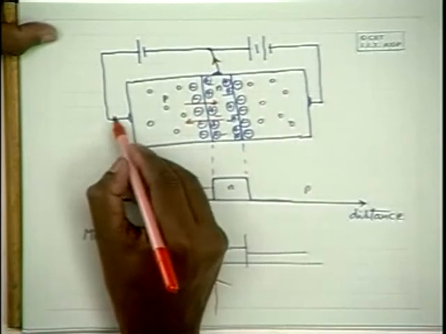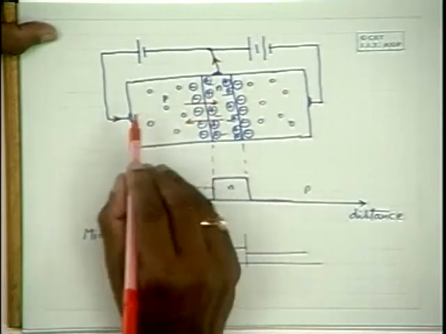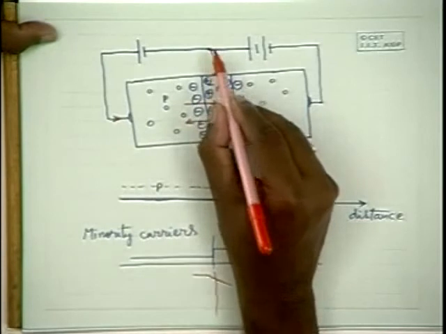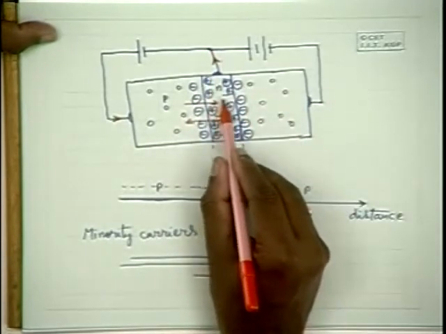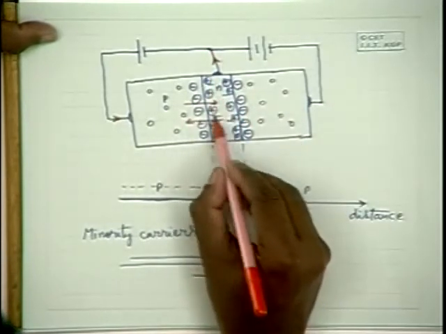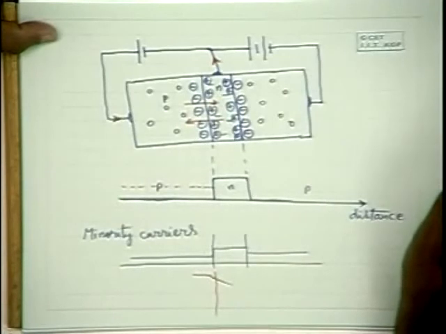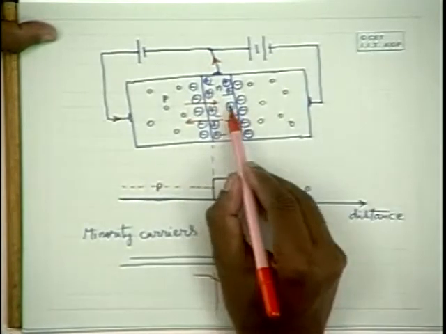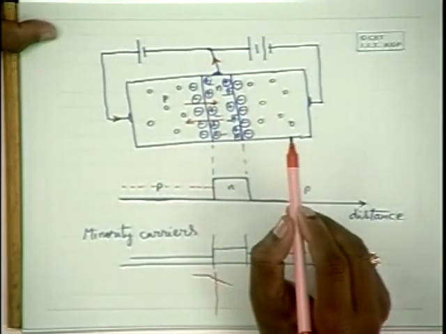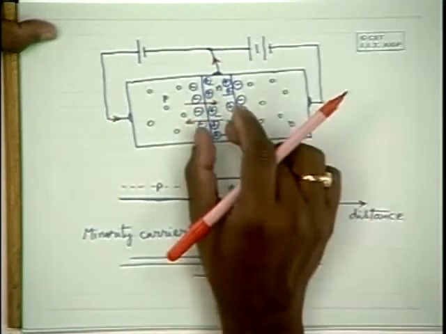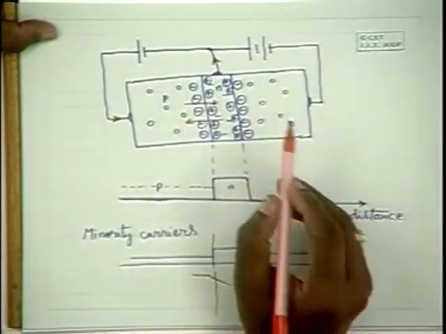Naturally there would be current passing because of the diffusion, and part of it will definitely go across because the holes recombine with the electrons over here. But please note that the base region is very thin. As far as dimensions are concerned, it is a very thin layer.